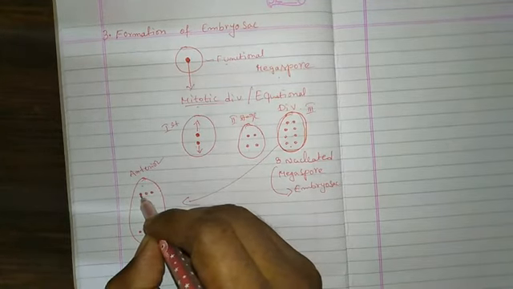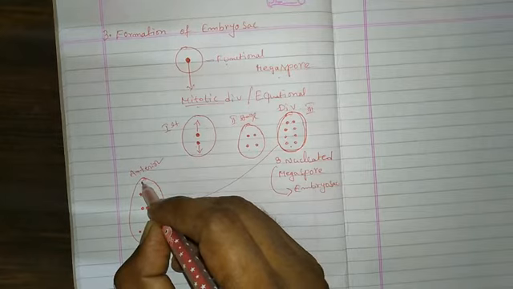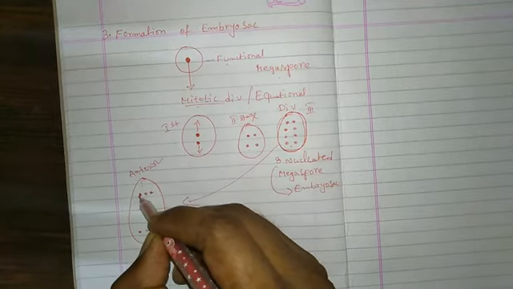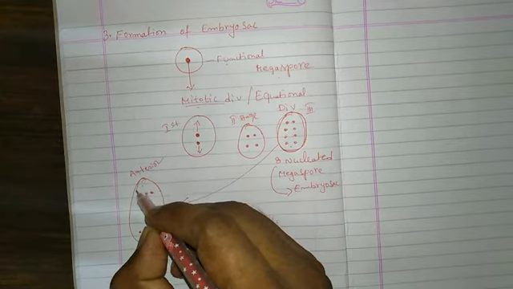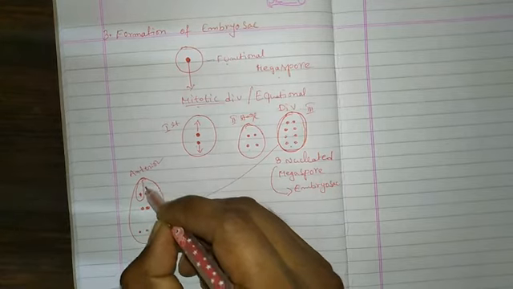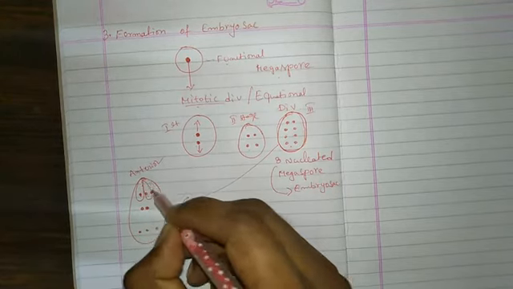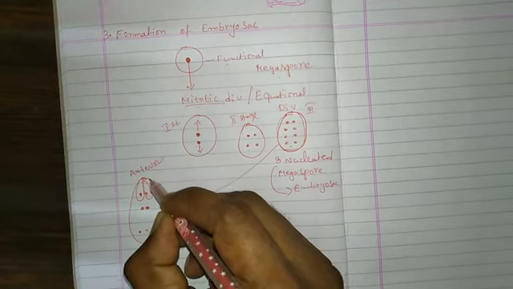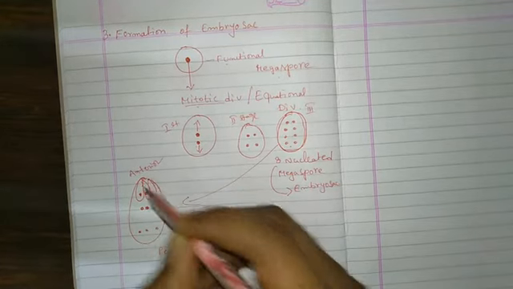Whenever these nuclei move towards the opposite poles, the cell wall covers around each nucleus. This is the cell wall which covers each nucleus.